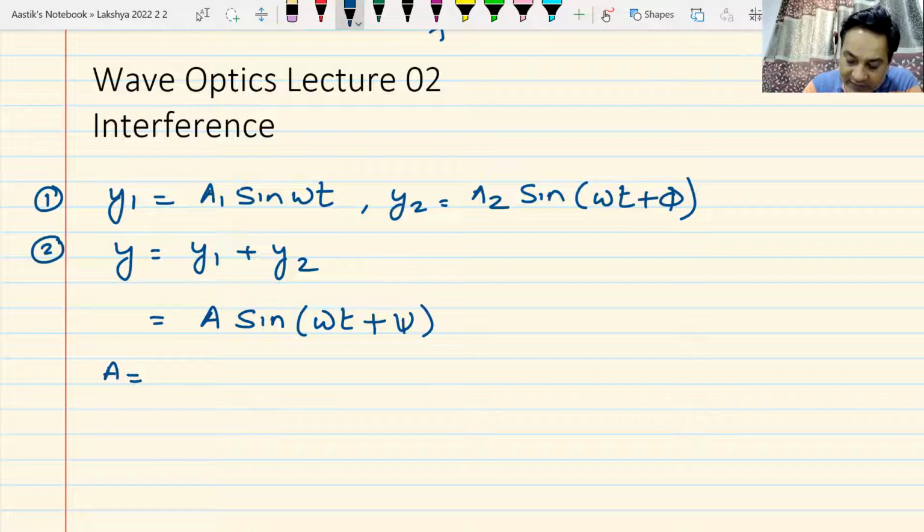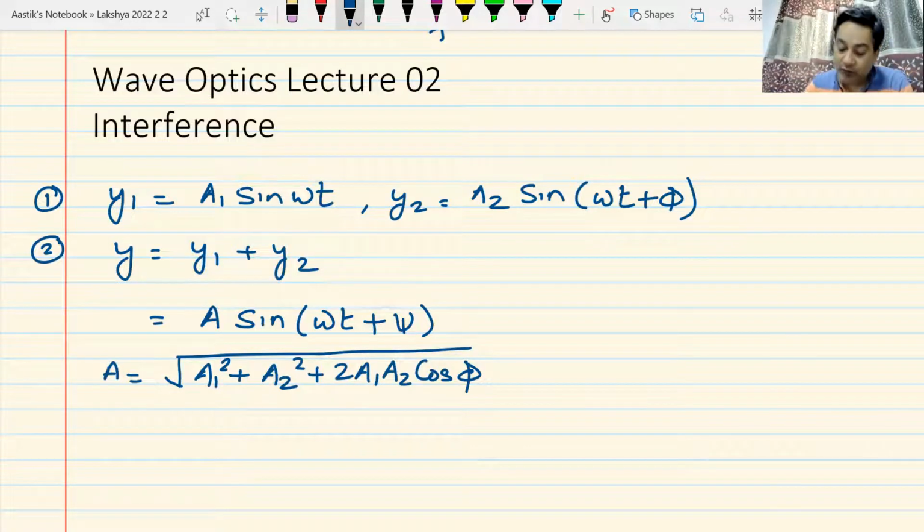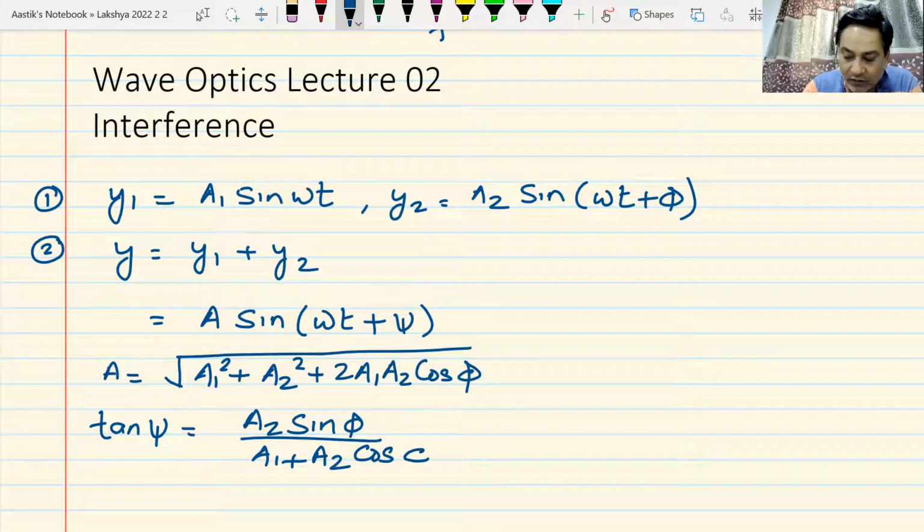This A is the resultant amplitude, and A squared is equal to A1 squared plus A2 squared plus 2 times A1 A2 cos phi, where phi is the phase angle between the two waves. We also saw the value of tan xi. Tan xi is A2 sine phi upon (A1 plus A2 cos phi). This is a quick recap of what we had done in the previous class. Do we remember this?